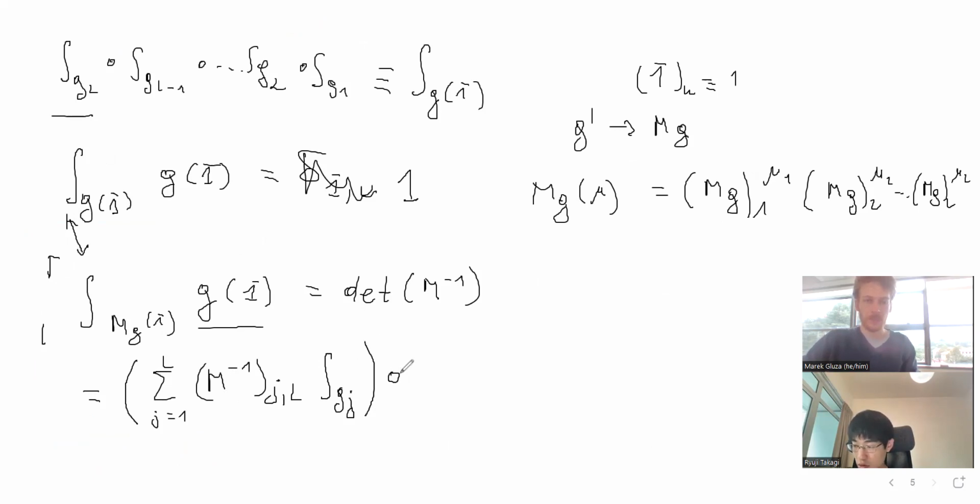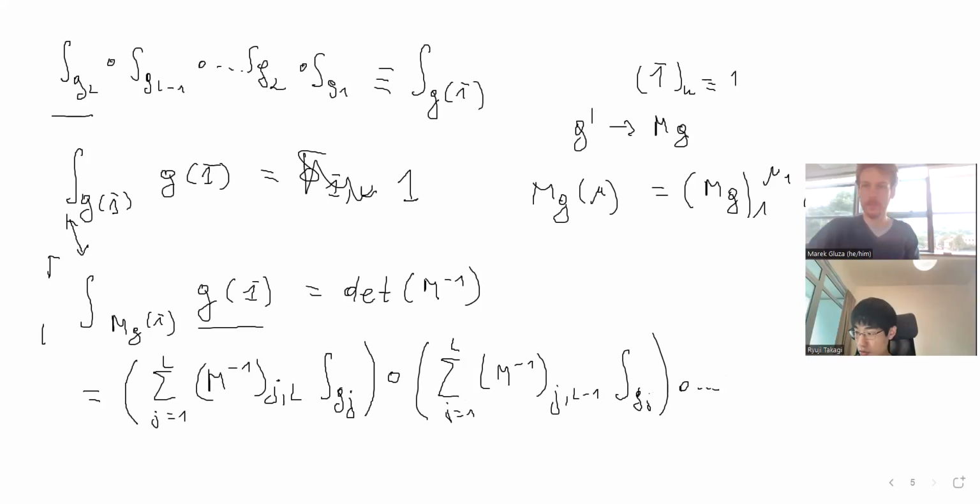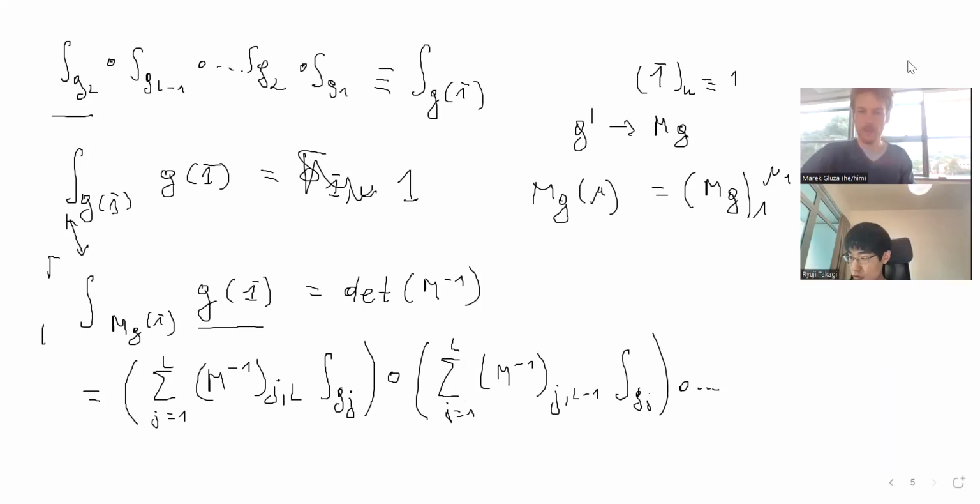Then this is composed with the integral with L minus 1. So here again the same summation. Here the same matrix. Same dummy index because they are separated, and then L minus 1 and integral Gj. Nothing changes here. And this we continue until we hit the first Grassmann number.